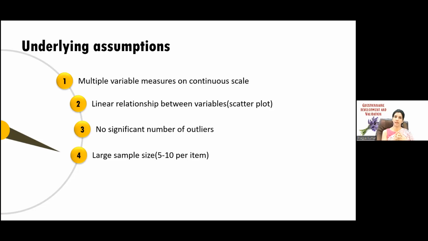So it should be like 250. Similarly, if you are doing CFA, you can take 5 samples per item. So that is the rough guideline for the sample size. And then there is an assumption of sphericity and sample adequacy. So we'll see what is this sphericity and what is this sample adequacy.